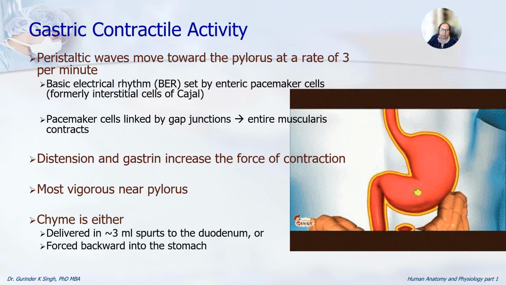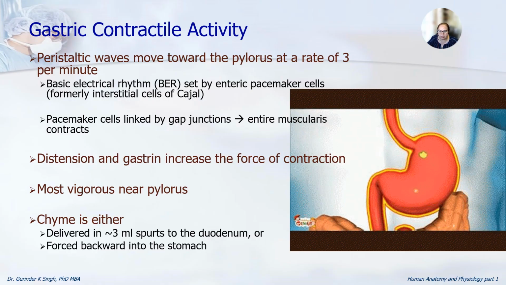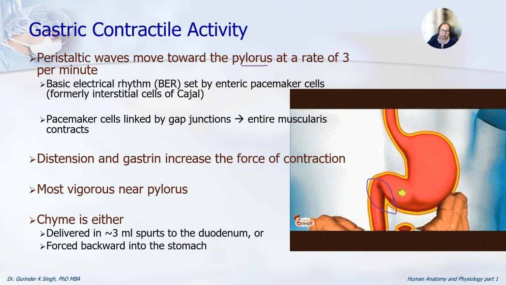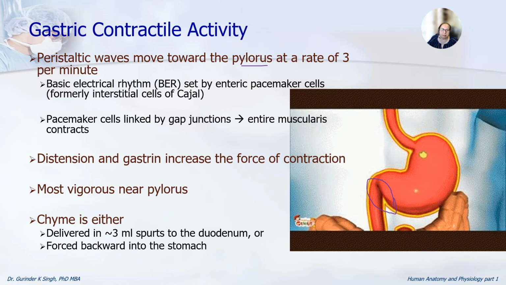So let's look at the gastric contractility activity. How does the stomach move? Where do the peristaltic contractions start? Typically they move towards the pylorus, which is this region here, at a rate of approximately 3 contractions per minute.